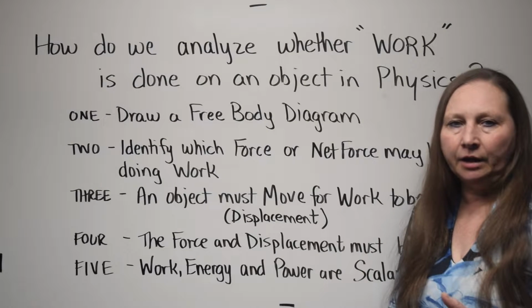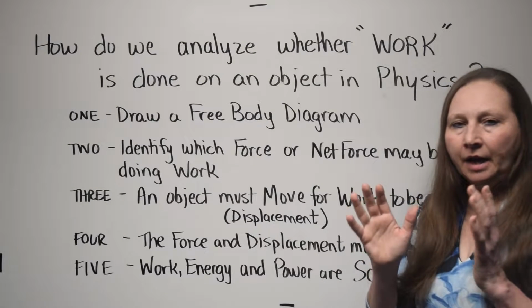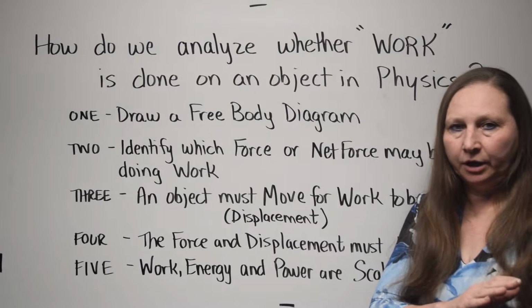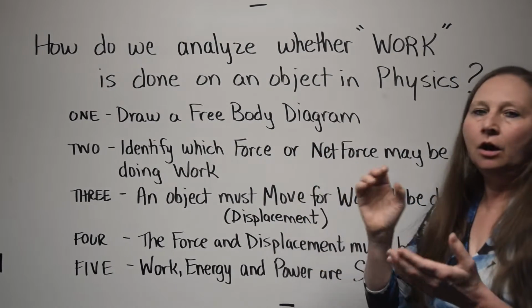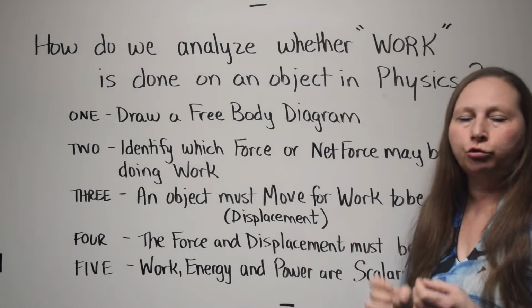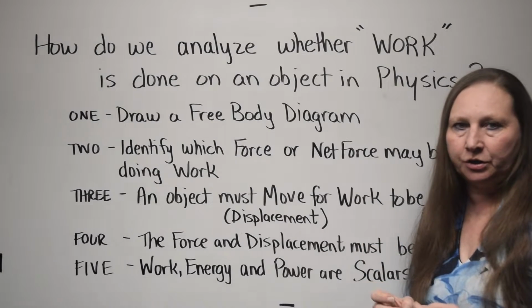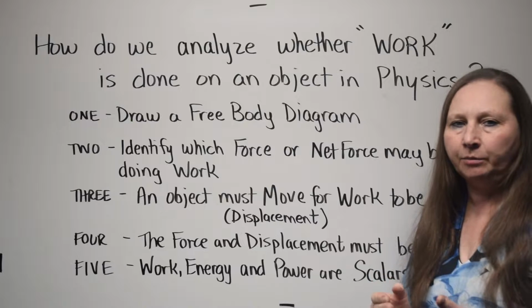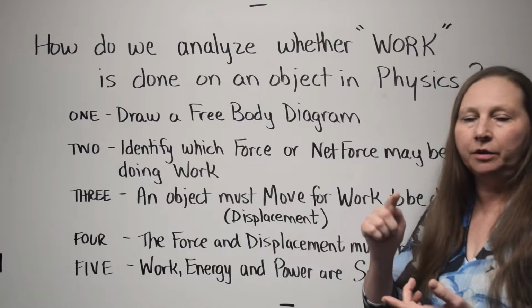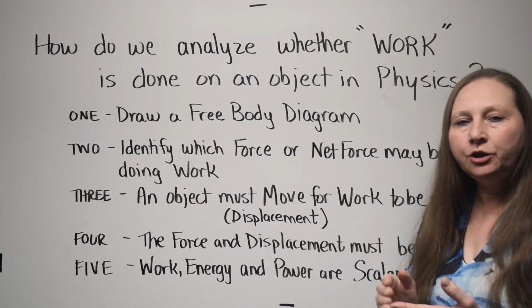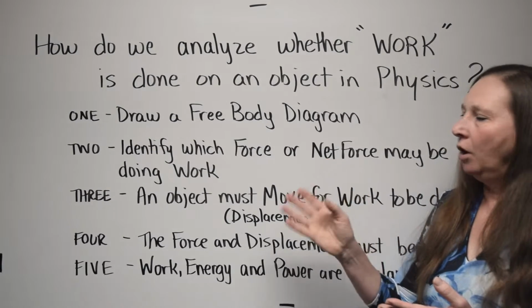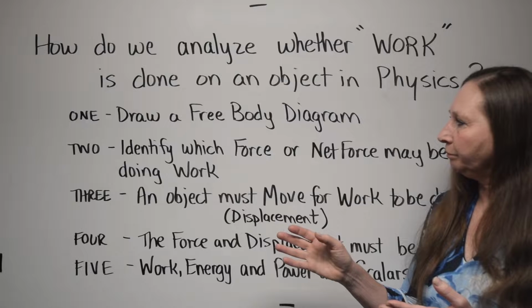A free body diagram is an object or a group of objects. We'll stick with just one object, and on that object, you draw all of the forces that are acting on that object. You label the magnitude and the correct direction for each of the forces on that object.